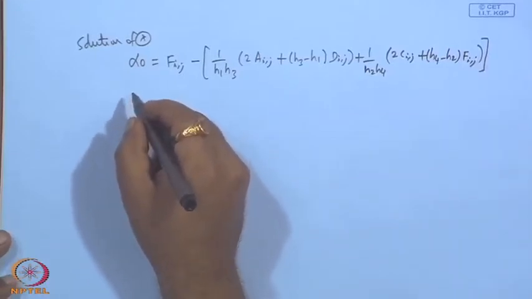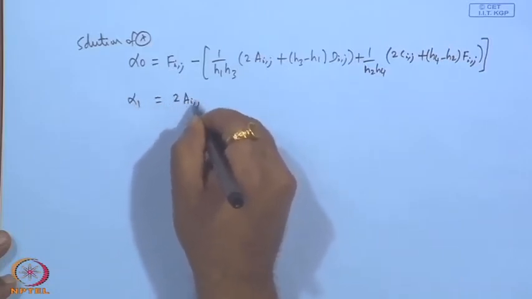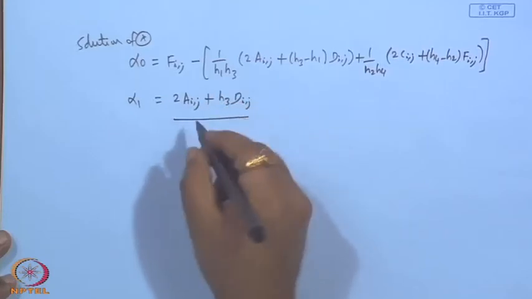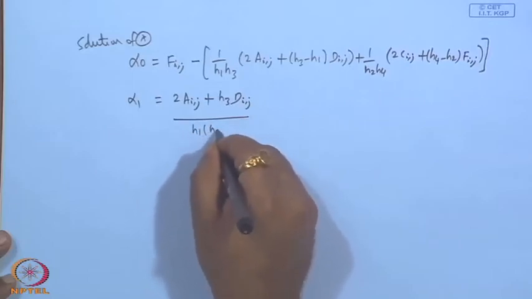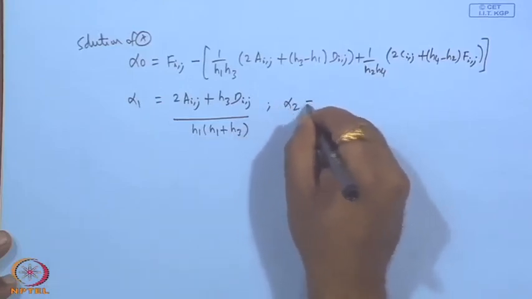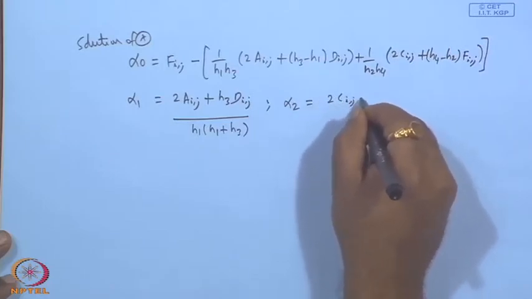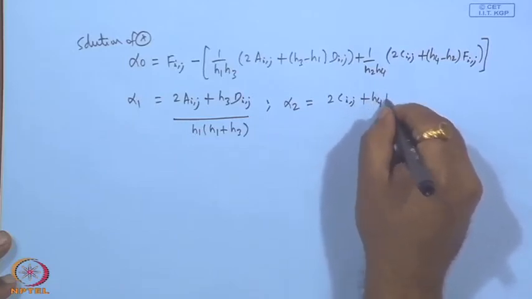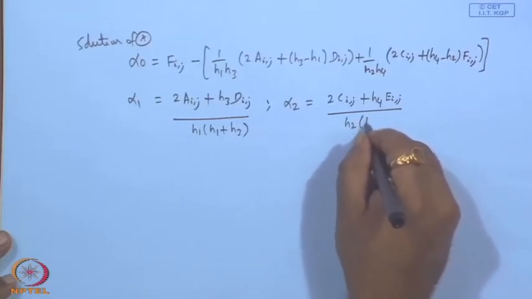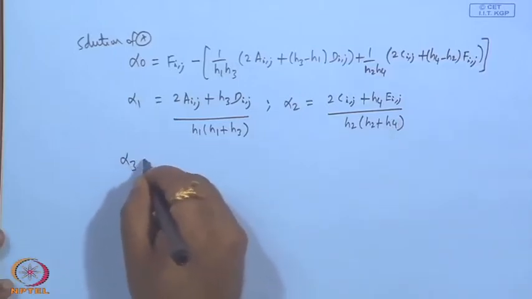This is alpha 0, quite big, alpha 1, alpha 2, alpha 3.